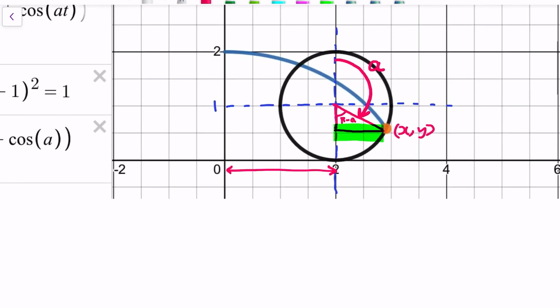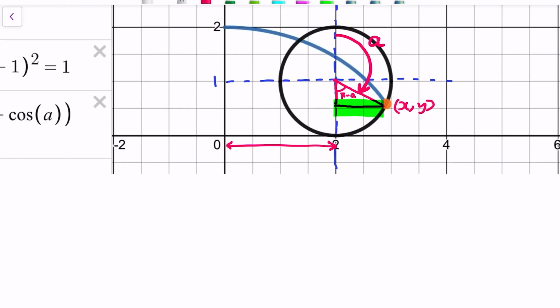And therefore the green part is sine of pi minus a, because the hypotenuse is the radius of the circle, which in this case is 1. So our x value is the 2, or in this case a, plus sine of pi minus a. And sine of pi minus a, if you draw it, it's actually just the sine of a. The pi minus bit is like a reflection and a shift. So that actually just equals a plus sine of a.